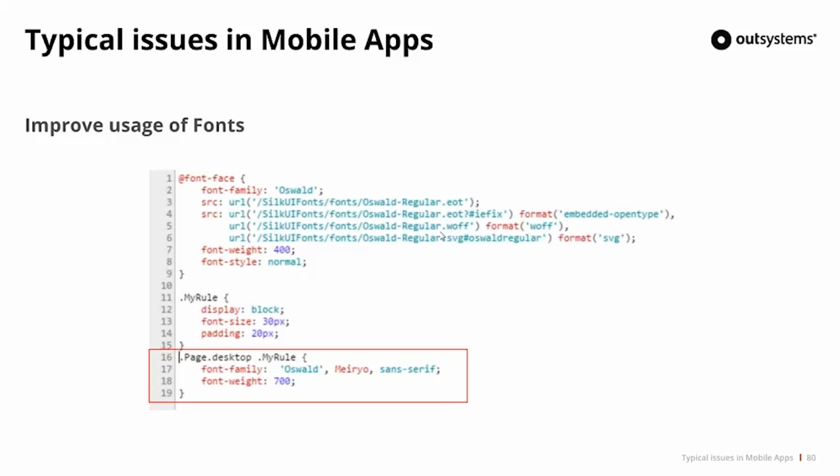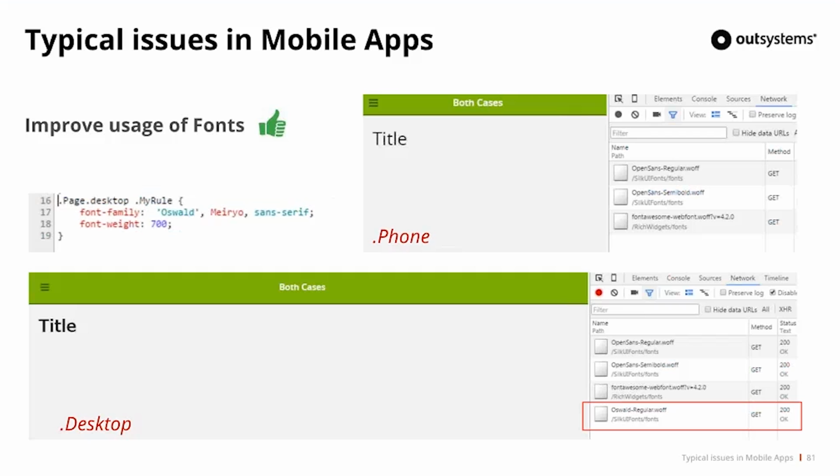I'm going to tell a case, because I saw a client once who had 2 CSS files, one for the desktop and another one for mobile devices. And the only reason they had 2, they told me, is because they wanted to load a font on the desktop, and they didn't want to load a font on the mobile devices.